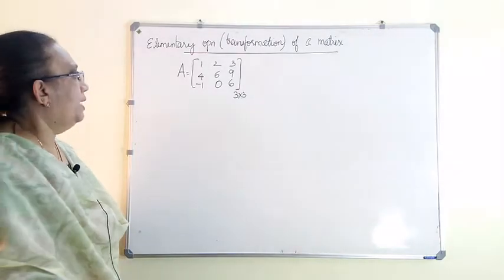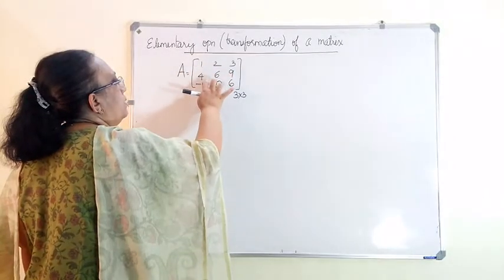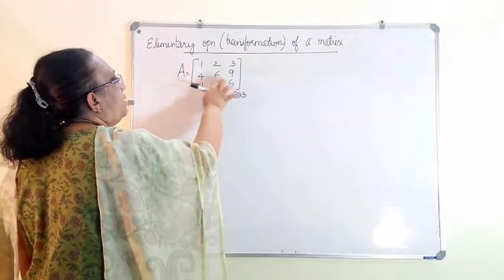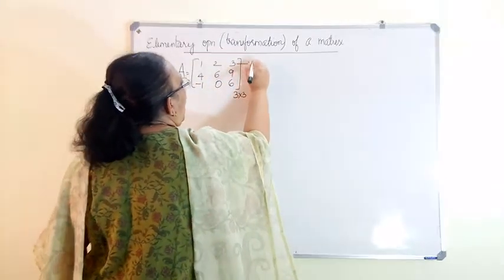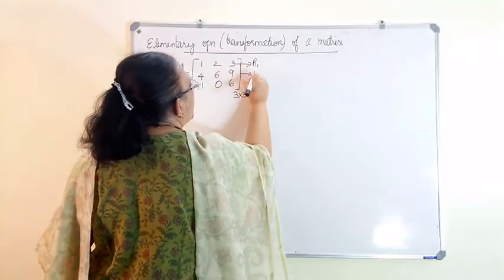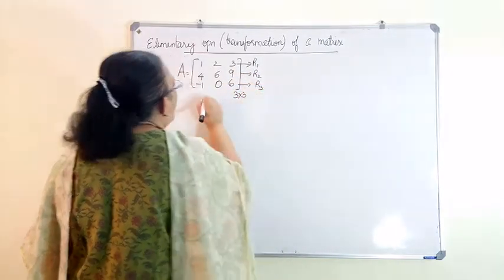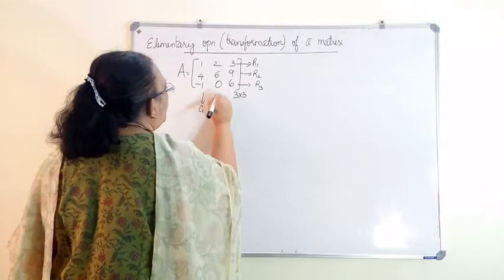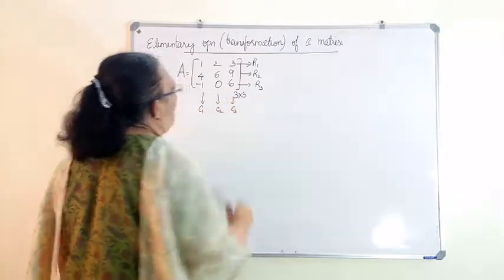I can interchange any two rows, or I can interchange any two columns. Rows, I will mark as R1, R2, R3. Columns, I have marked as C1, C2, C3.